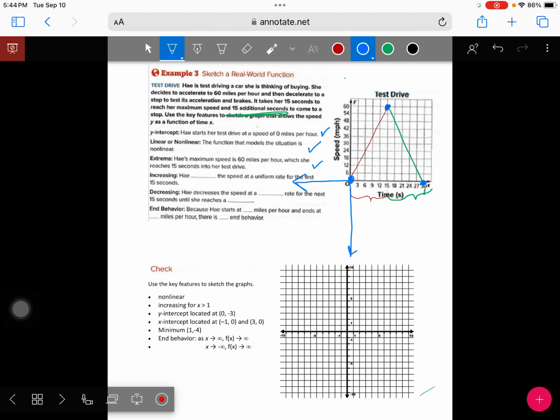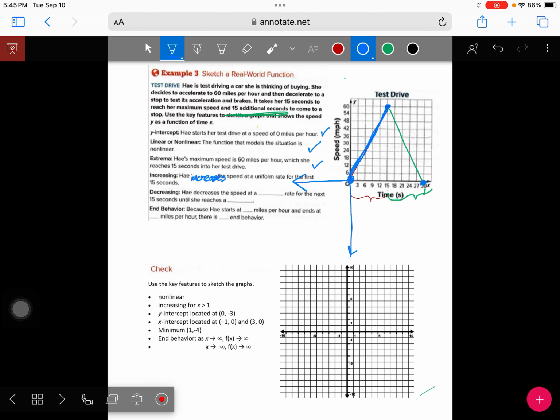So that's good. Hay blanks the speed at a uniform rate for the first 15 seconds. So Hay increases the speed at a uniform rate. I'm going to say increases here. So her speed, as you look and follow this, it is increasing.